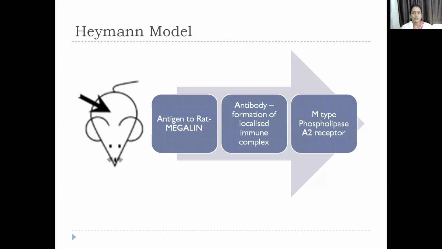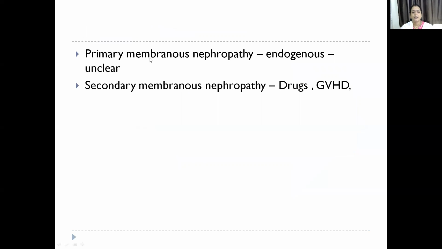They get deposited subepithelially, and this is seen in membranous nephritis, which is associated with the Heymann model. This is primary membranous nephropathy, which can be because of endogenous products, the mechanism of which is unclear. The secondary membranous nephropathy can be seen because of drugs and graft-versus-host disease.